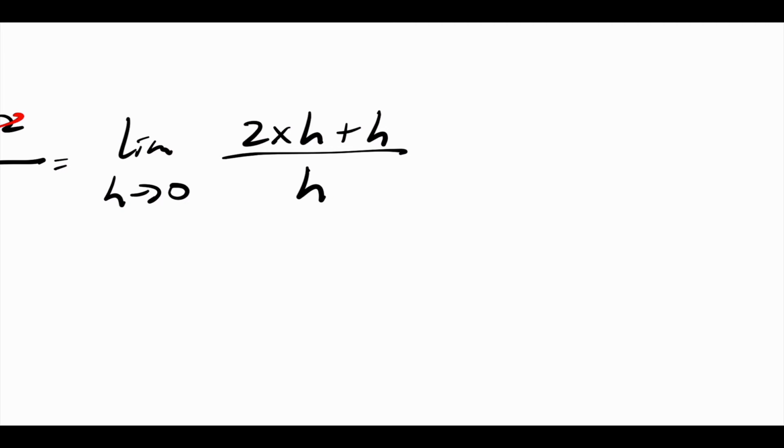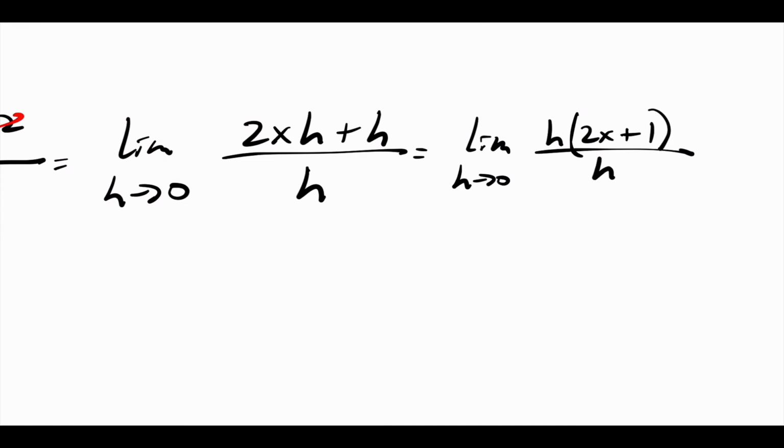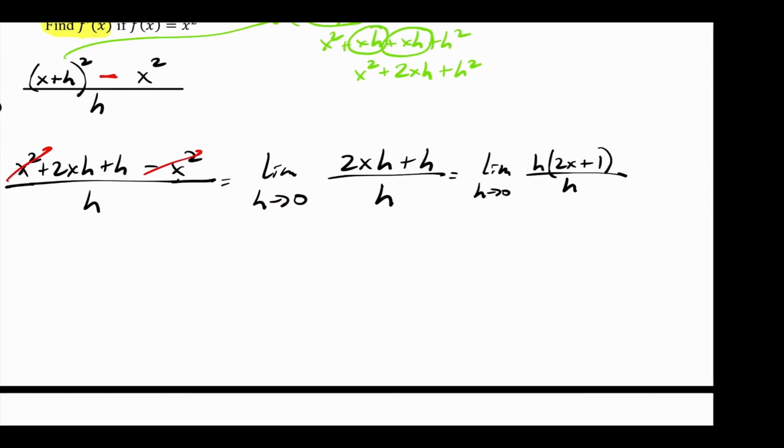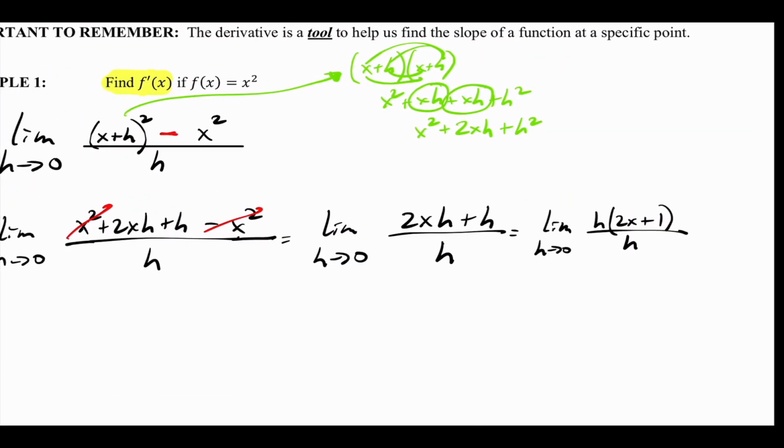So let me do that. Oh, sorry, this is supposed to be h squared, right? Yeah, it's supposed to be h squared over here. Sorry, that's why it didn't seem right.